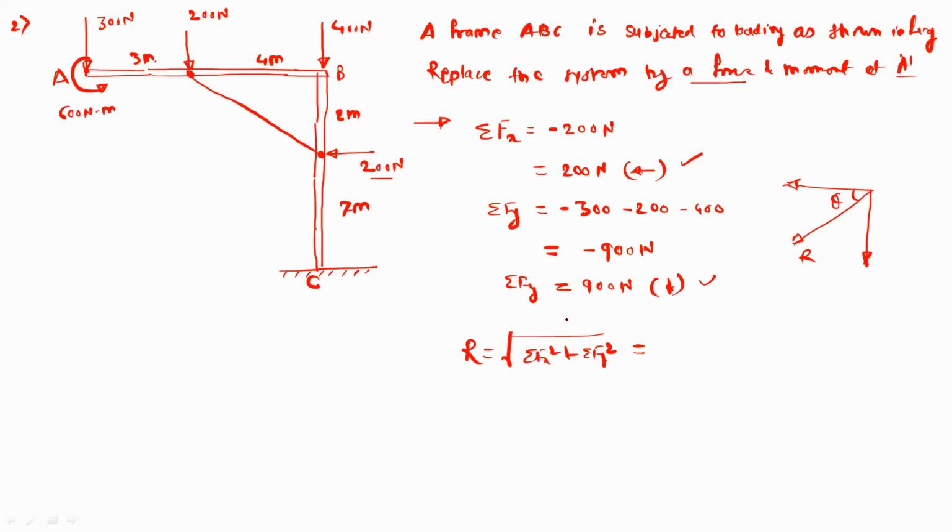So this is equal to 921.95, and theta is equal to tan inverse of 900 divided by 200. So it is 77.47.